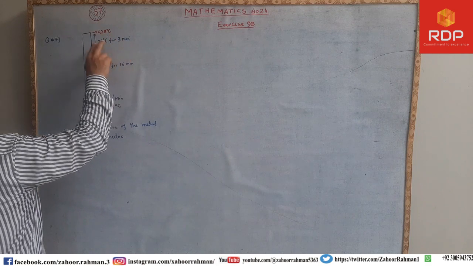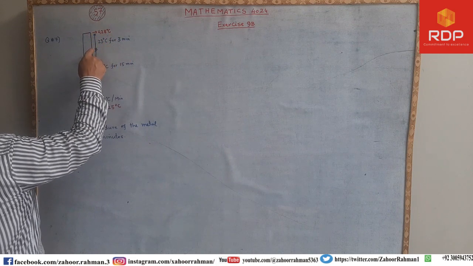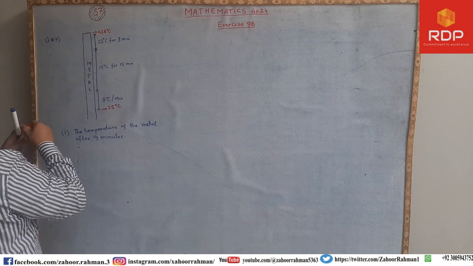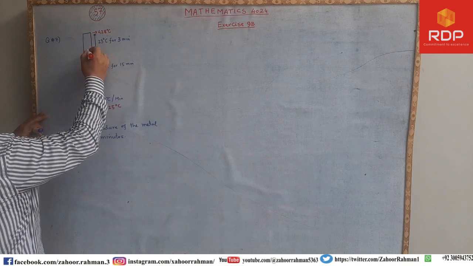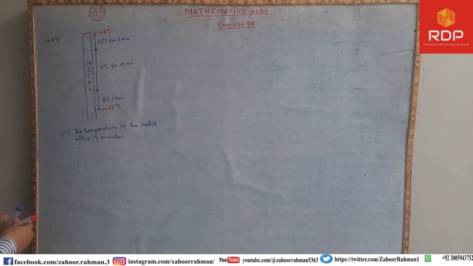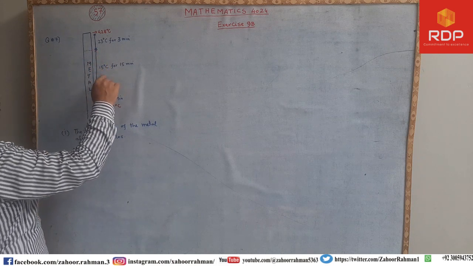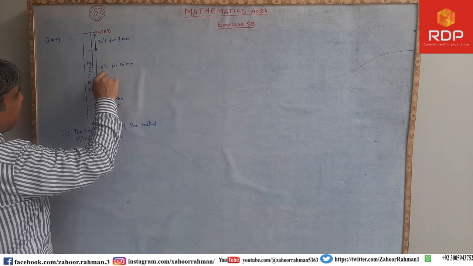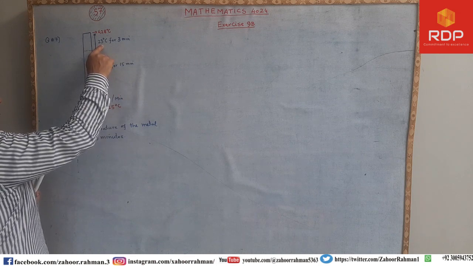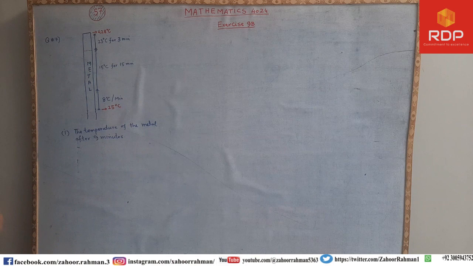For 3 minutes it is cooling down, so it reaches this area. Then for the next 15 minutes it is cooling down at 15 degrees per minute. First it was 23 degrees Celsius. I told you the metal will cool down at a faster rate because it is very hot.